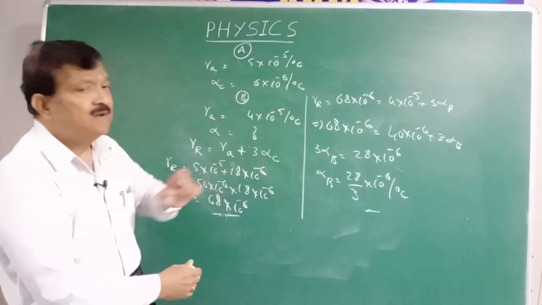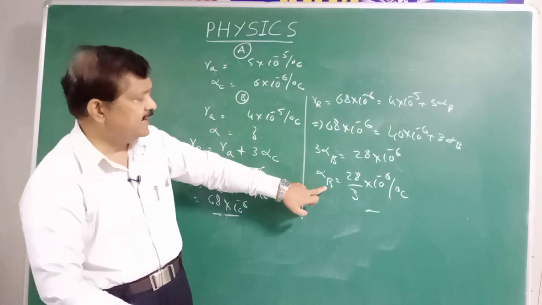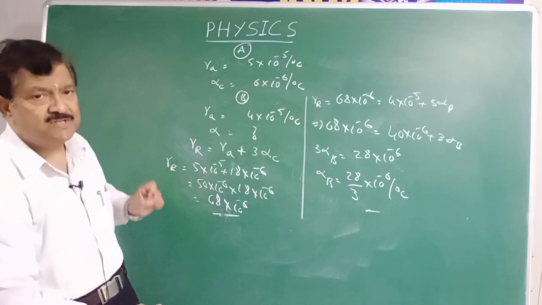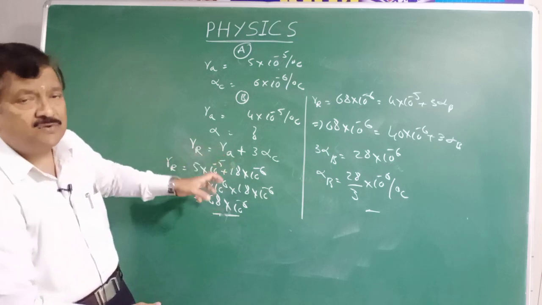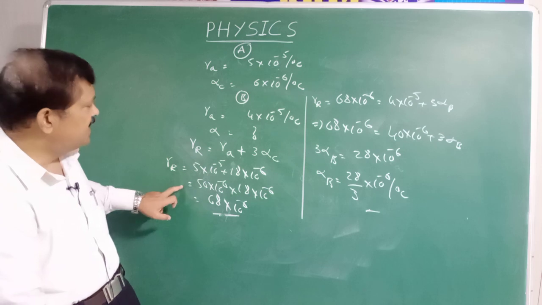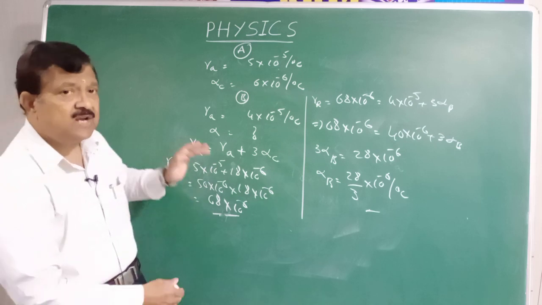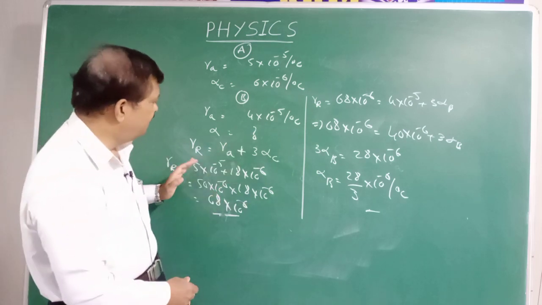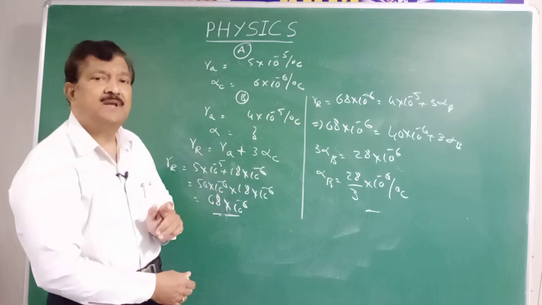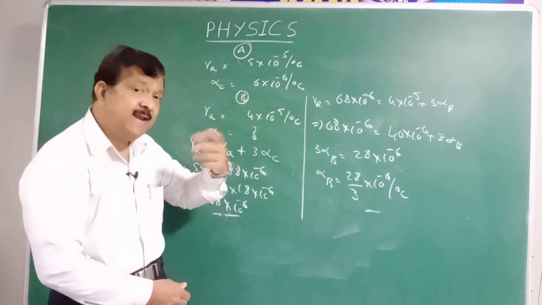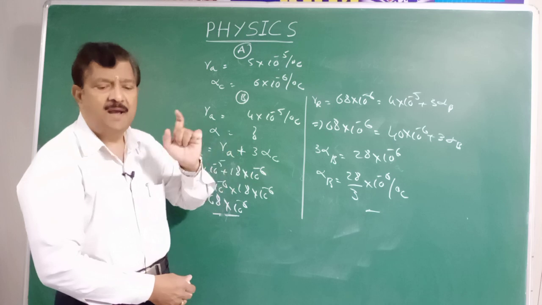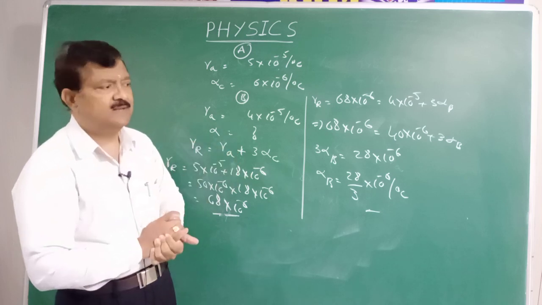So we can find out the value of alpha for the second container when alpha of the first container is given. The basic principle we are using here is that the coefficient of real expansion remains constant irrespective of the container. In any container, gamma a may be changing, but gamma r always remains constant.